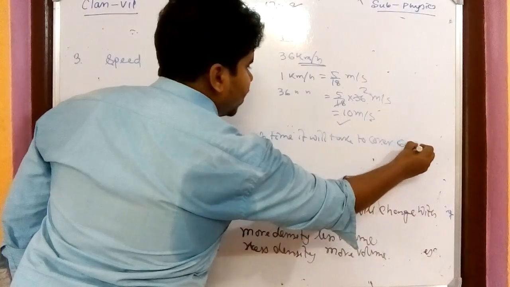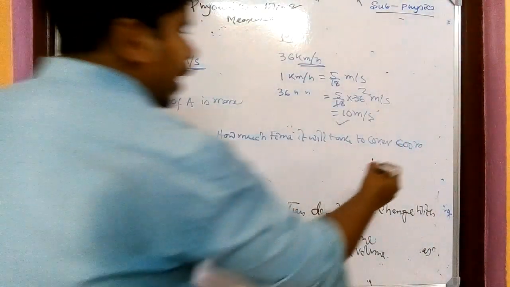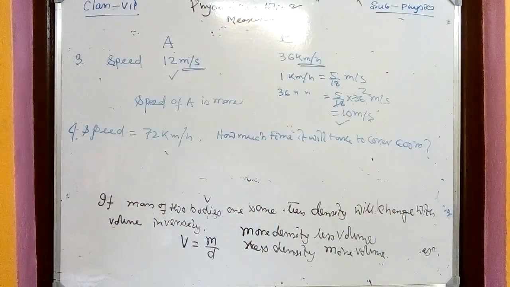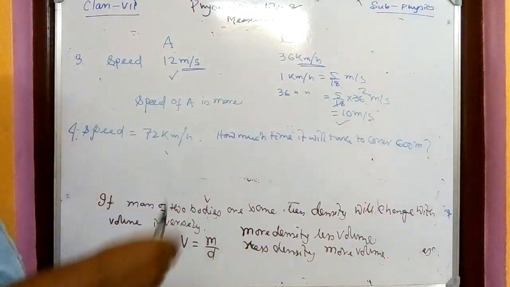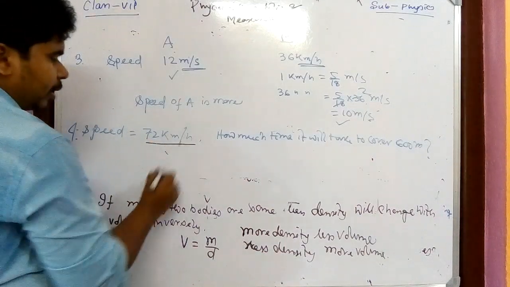Very interesting question. How much time will it take to cover 600 meter? Now you see, speed is given in kilometer per hour, and the distance to cover, 600 meter, is given in meter. So first we have to convert it to meter per second.